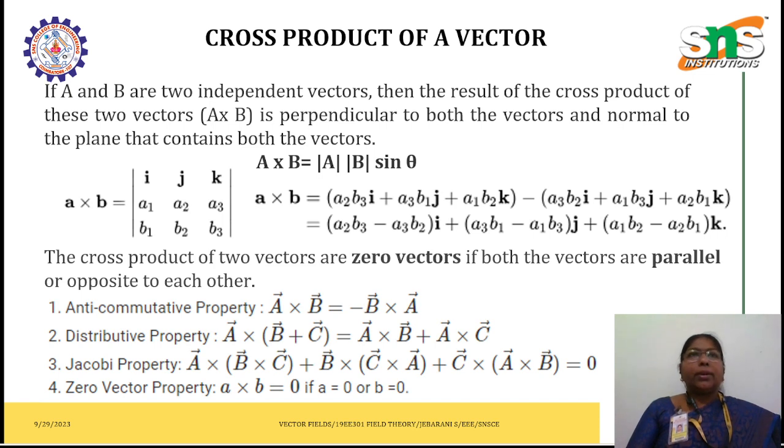So when I say A cross B is equal to 0, it means that either the A vector is 0 or the B vector is 0. So these are the properties of the cross product.